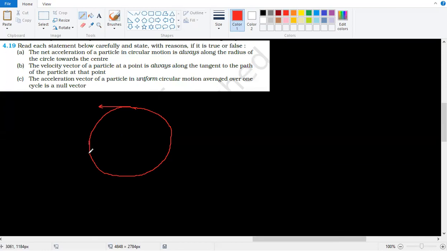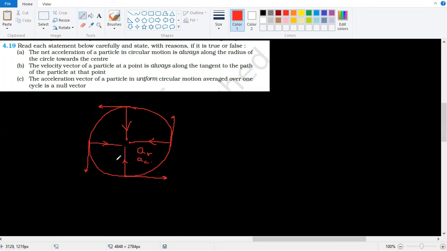Are they talking about velocity or are they talking about acceleration? Acceleration. So acceleration, what did we say? Force. What causes the circular motion? Force towards the center. Force towards the center is your centripetal acceleration. So it means the radial acceleration or the centripetal acceleration is going to be always acting towards the center.